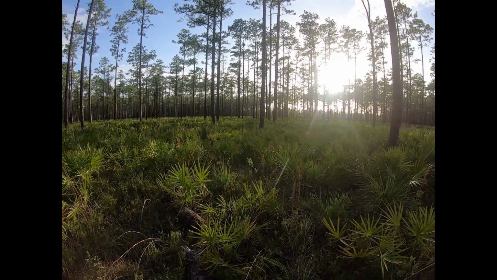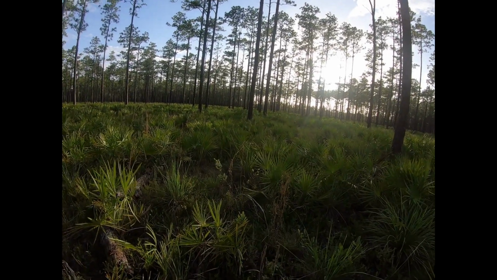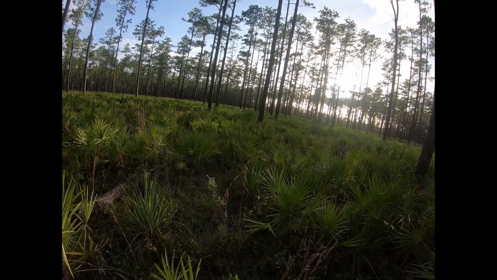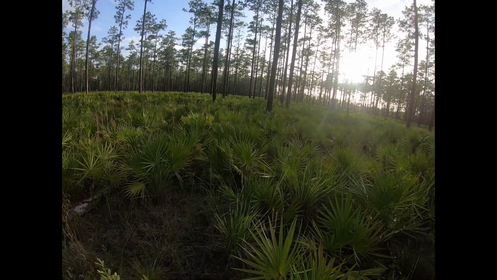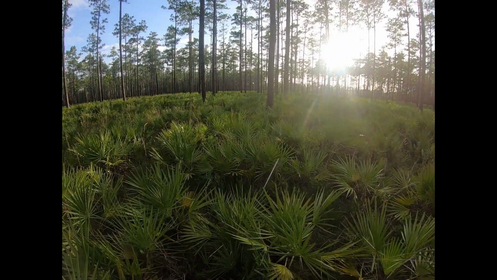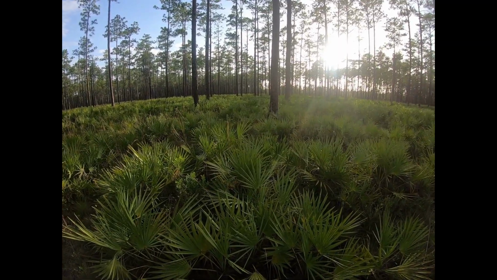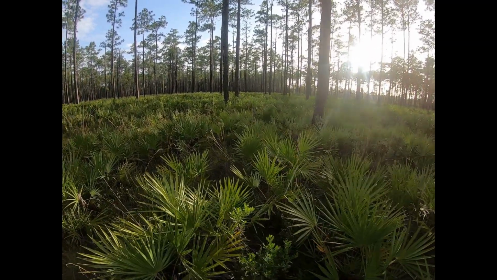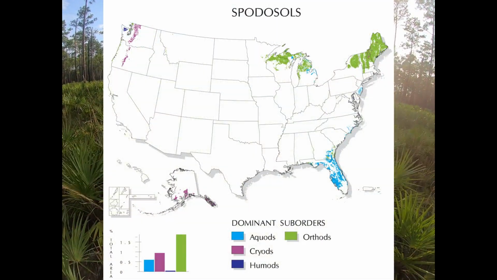Well, for starters, let's just think about what's below our feet. And by that, I guess I mean what's below my feet right now. And I don't mean all of this saw palmetto and gallberry that's out here. I mean the soil. So in Flatwoods communities, the soil is classified as a spodosol.